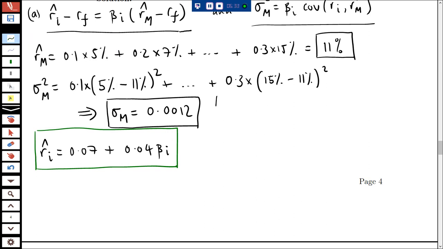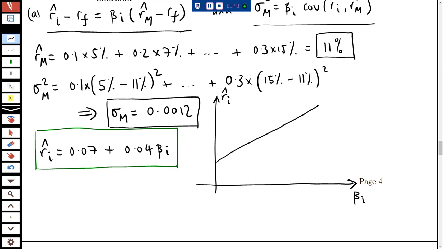And this is quite easy to sketch. Importantly, we have the beta factors going across the bottom and the expected returns on the y-axis, and it's a straight line graph.